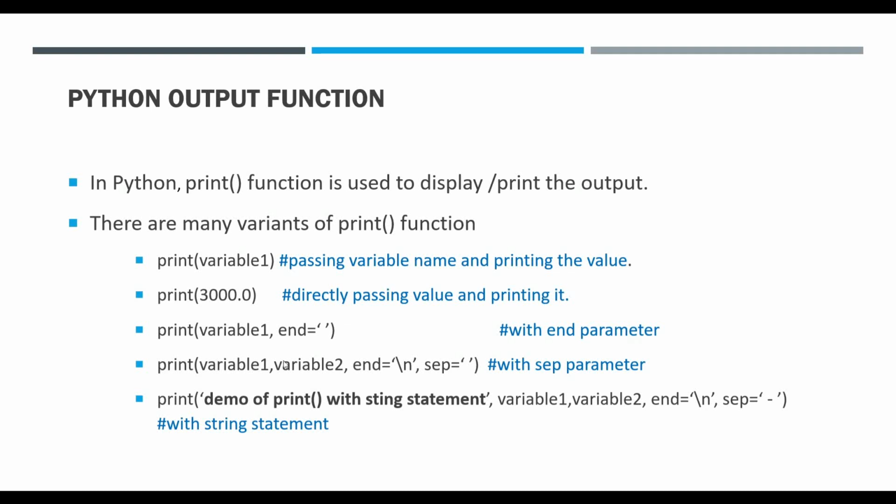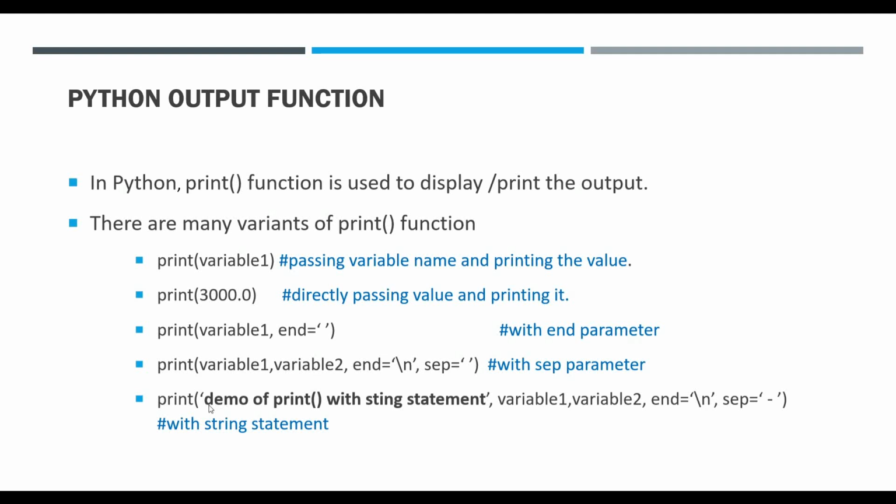Another variant we have is that we can print the values associated with the variables along with the end parameter and the separator parameter. This separator parameter is used to separate the values of different variables.